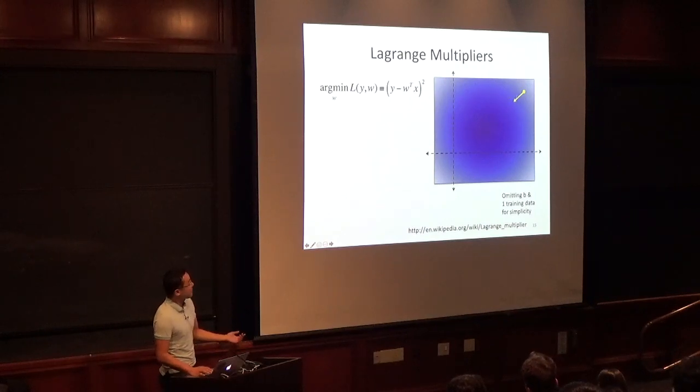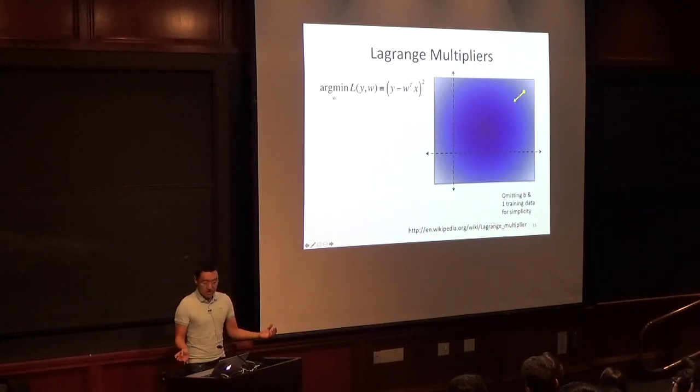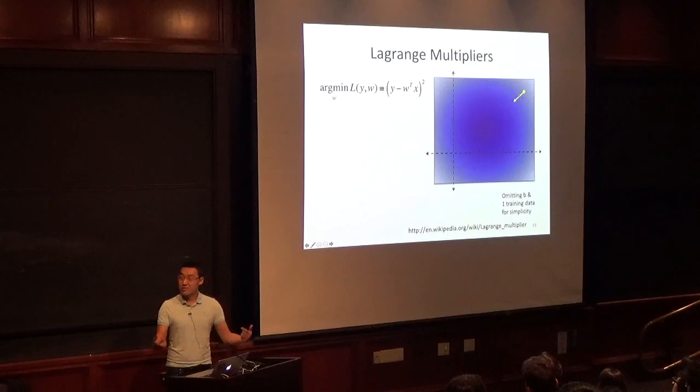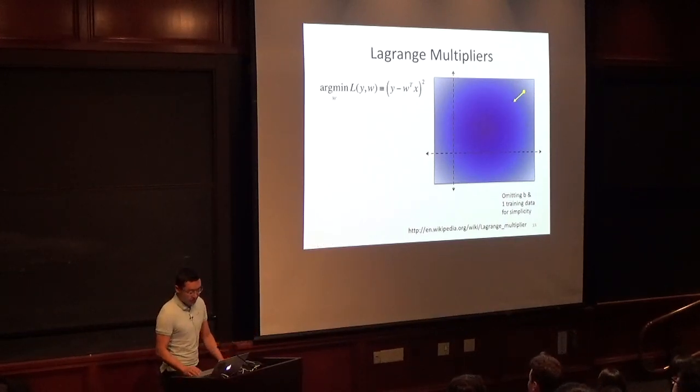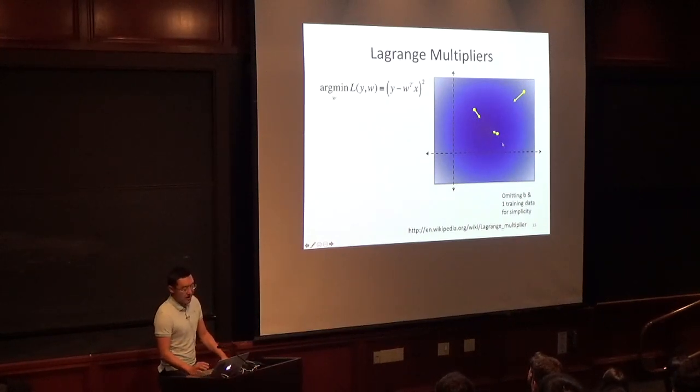The yellow line is the negative of the gradient, so we're trying to do gradient descent. If you're at this point, you want to go in this direction because it's the negative of the gradient. The size of the arrow is the magnitude of the gradient.